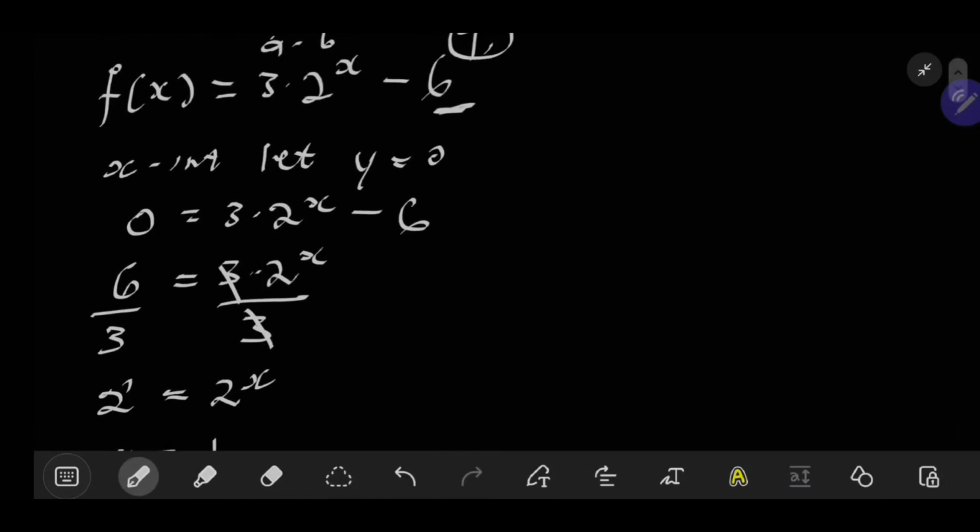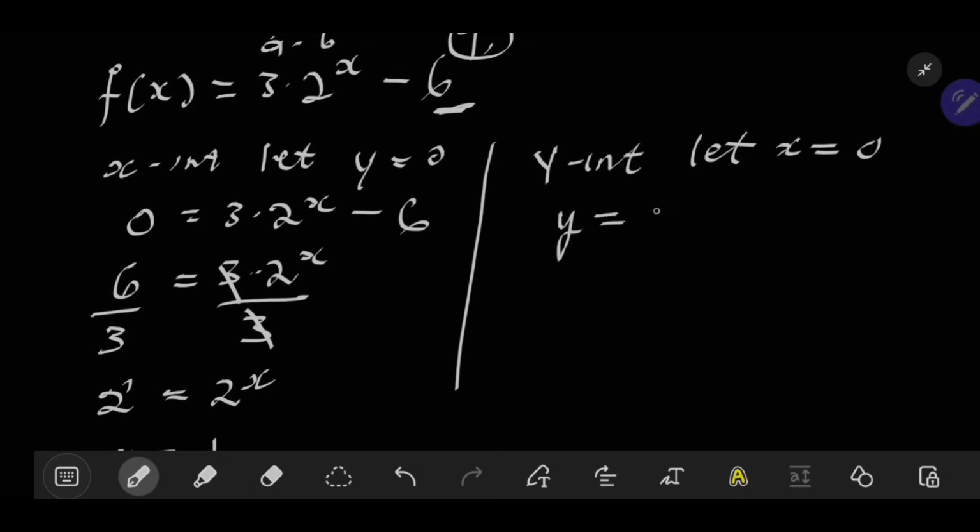Then we can find the y-intercept by letting our x value be equals to 0. Then we're going to have y equals 3 multiplied by 2 to the power 0, minus 6. When you deal with that, we're going to get negative 3. So in coordinate form, we have x value as 0 and y as minus 3.